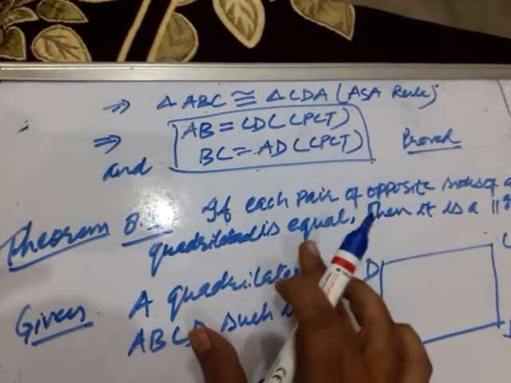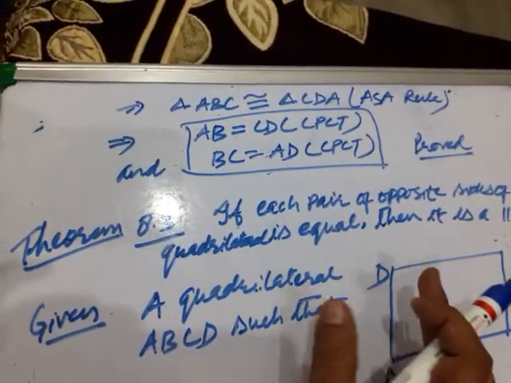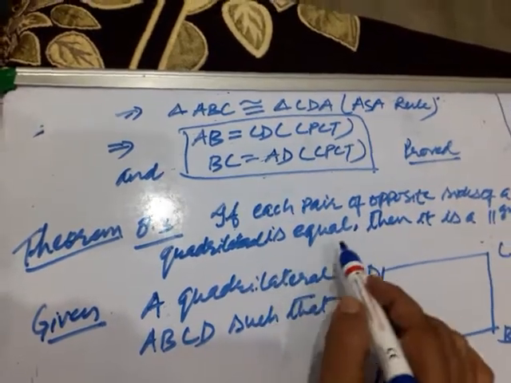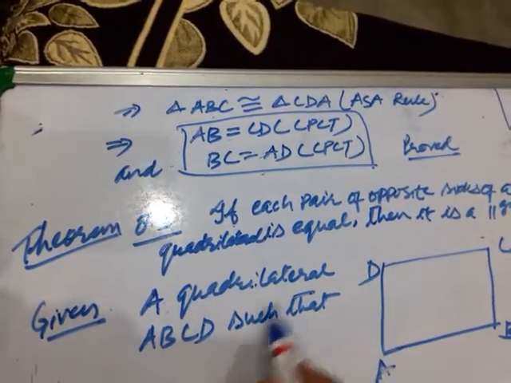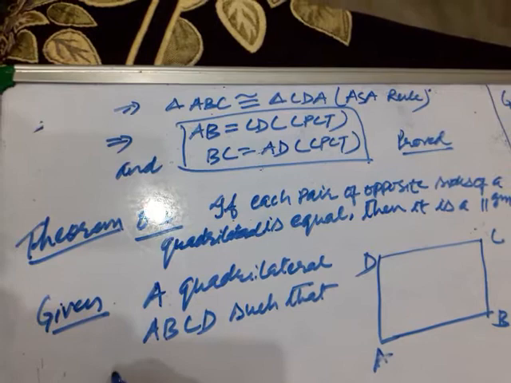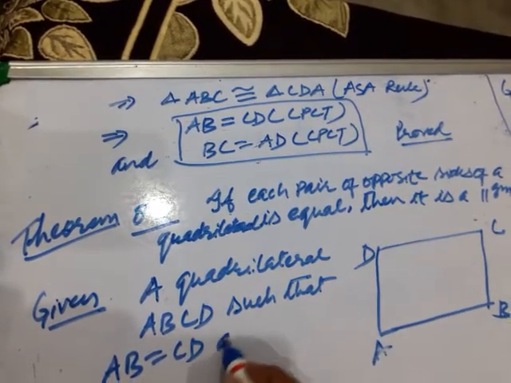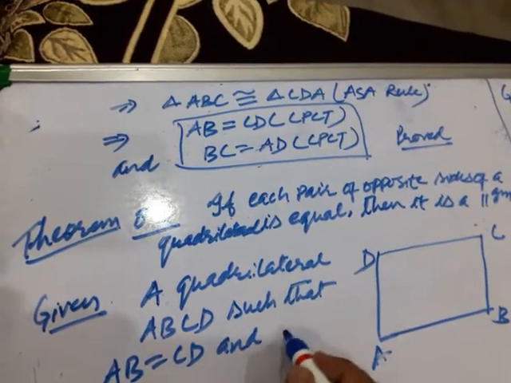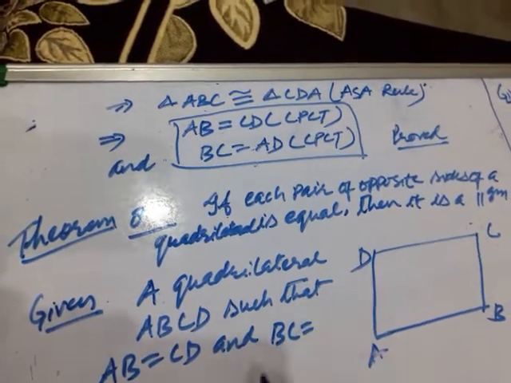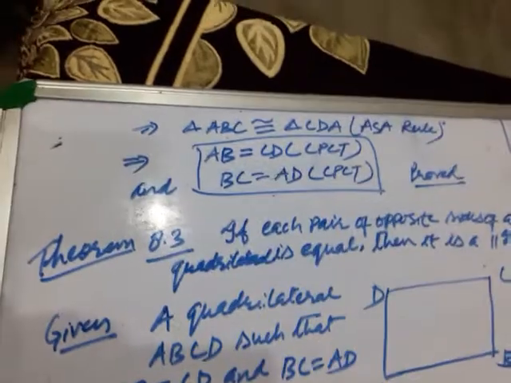If each pair of opposite sides of a quadrilateral is equal: a quadrilateral ABCD such that AB equal to CD, it is given, and BC equal to AD, this is given.